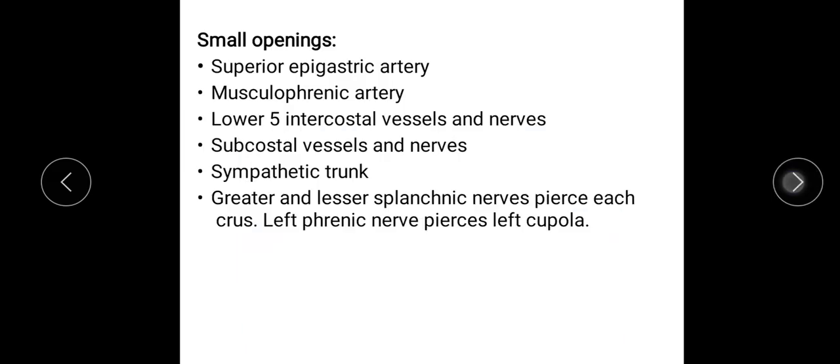The small openings are for the passage of the superior epigastric artery, musculophrenic artery, 5 lower intercostal vessels and nerves, subcostal vessels and nerves, sympathetic trunk, and greater and lesser splanchnic nerves. The left phrenic nerve pierces the left cupola or left crus of the diaphragm.